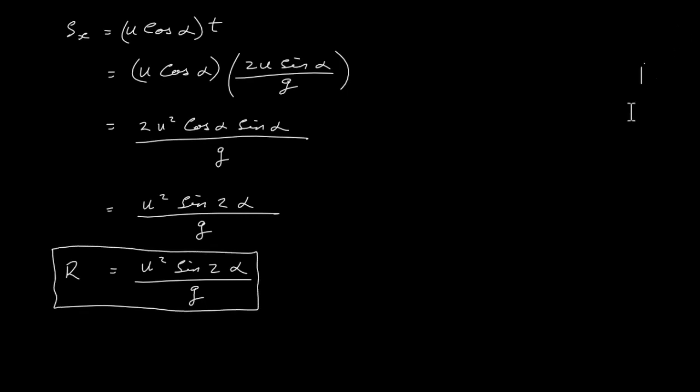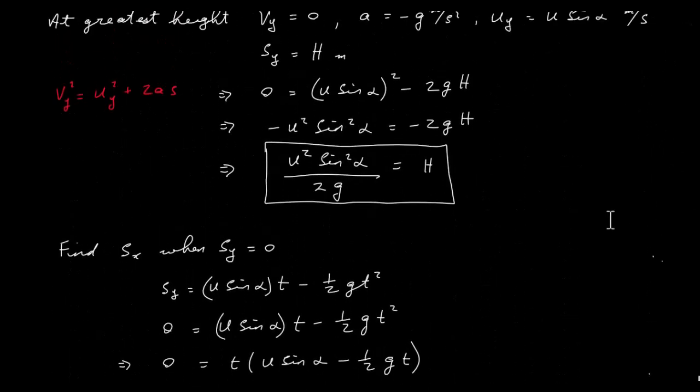So what I might do as well is a dimensional analysis on both of these. This is our first formula here. Let's see what we've got. We have u squared. Well, u is our initial velocity, so that's in meters per second, and we want to square that. Sine is just a constant, so we're not going to worry about that. And g on the bottom here is meters per second squared.